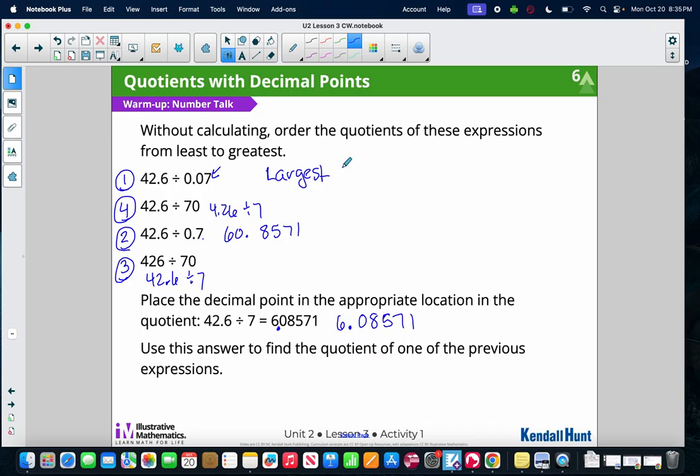And then the first one would be 608 and 571 thousandths. 42 and 6/10 divided by 70, well, then I'm going to move it one more place to the left. And since we said the last one is the same as 42 and 6/10 divided by 7, that's going to give me the same answer as was given below.